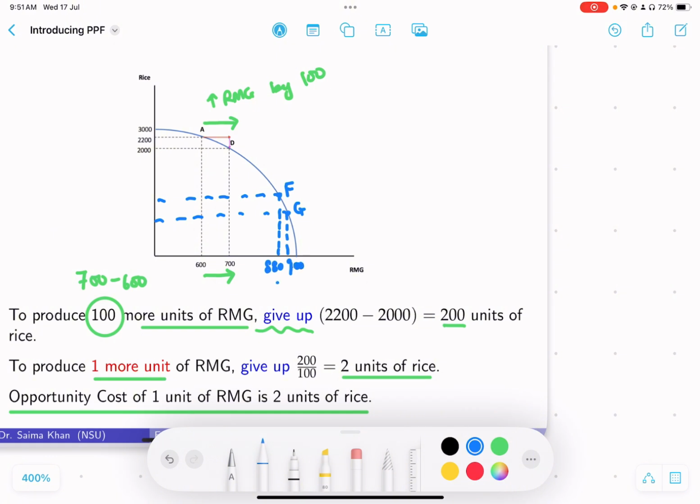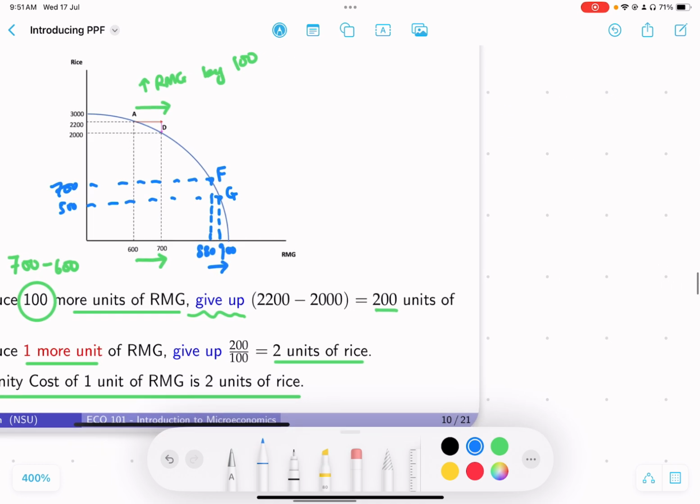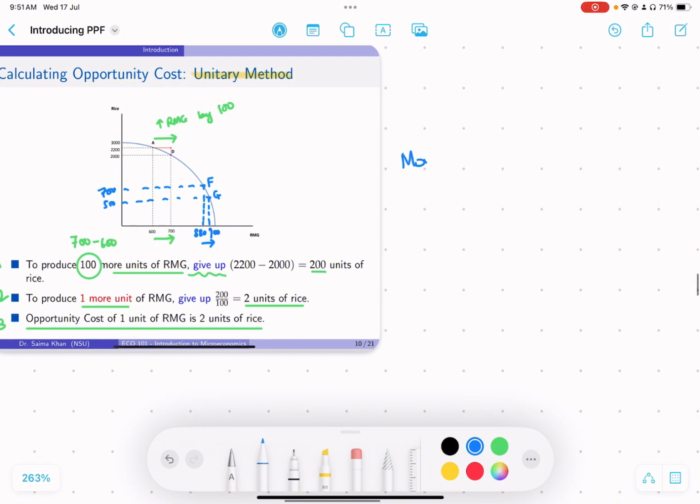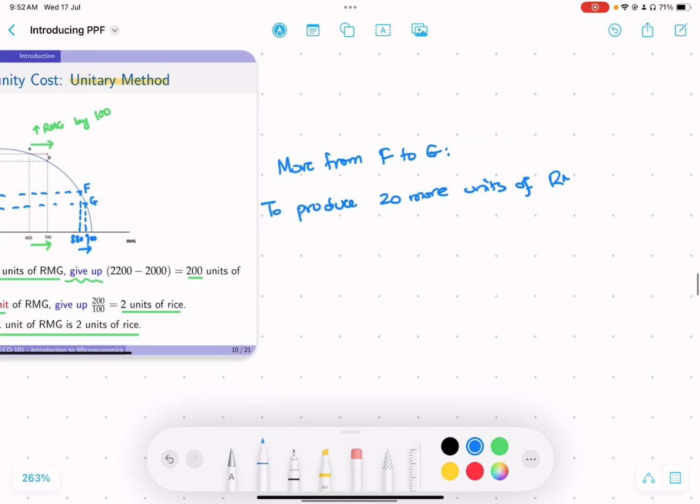All right, so you're increasing RMG production by 20 units. Okay, so now let's calculate this. So we are saying that when you are moving from F to G, the economy is moving from F to G to produce 20 more units of RMG.